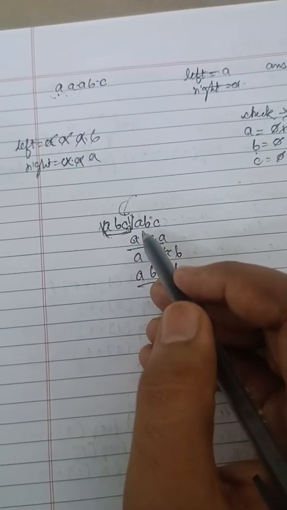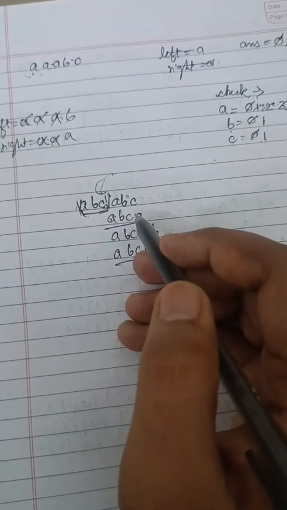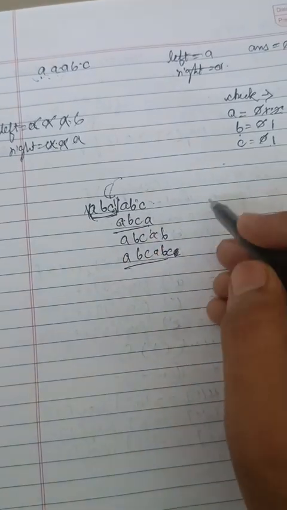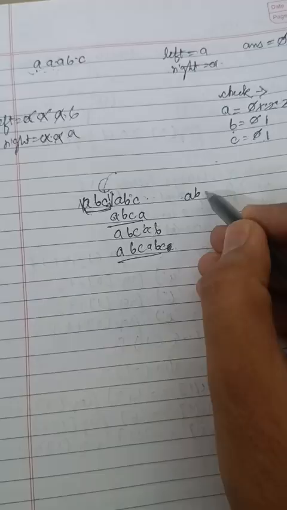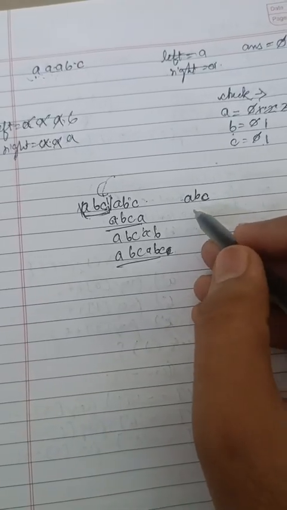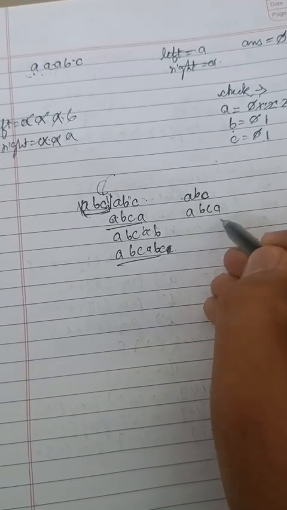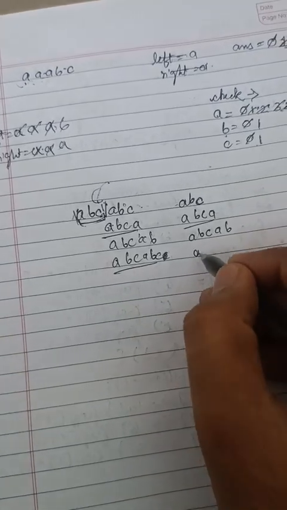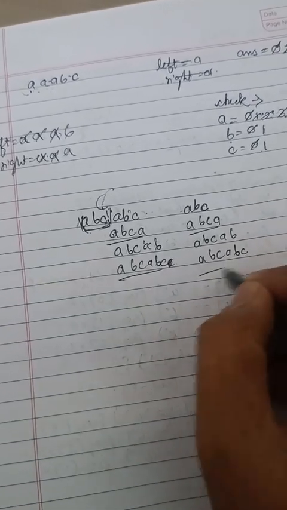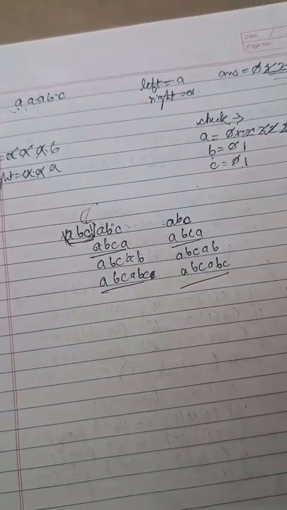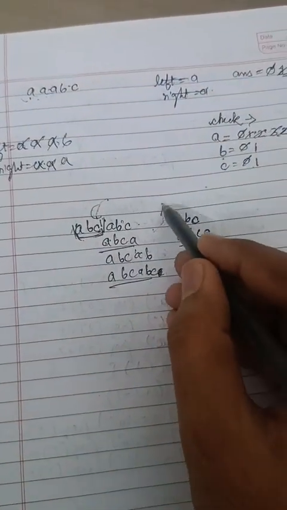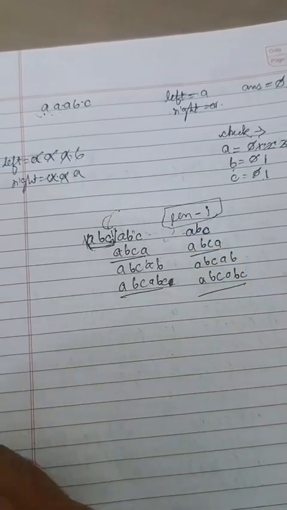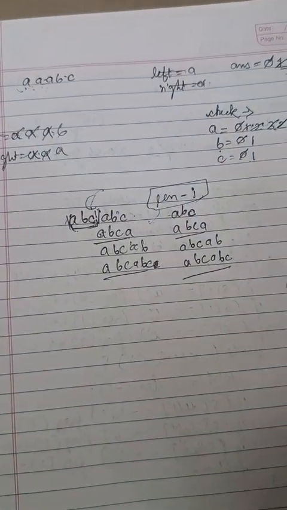So what is the number of possible substrings that can be generated from this to this? First ABC, this will be a valid substring. ABCA, this will be 2. ABCAB, this will be 2. ABCABC, this will be 2. So what's the total number of substrings? It's length minus index. Got it?